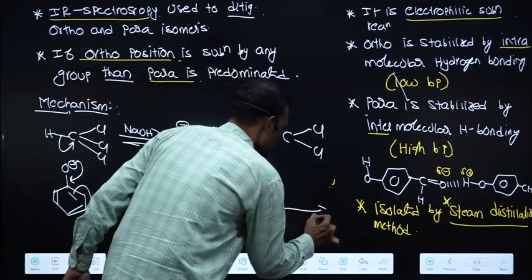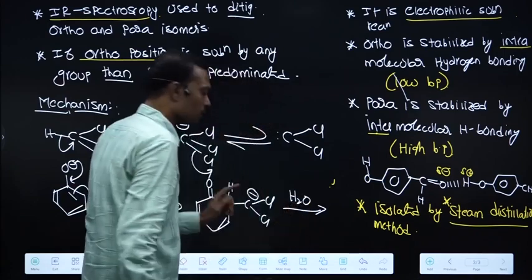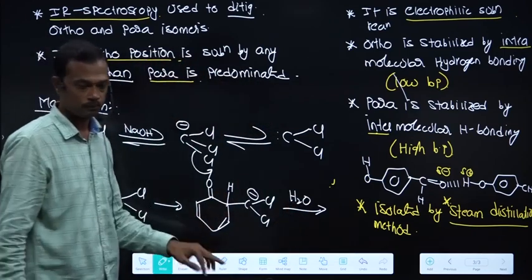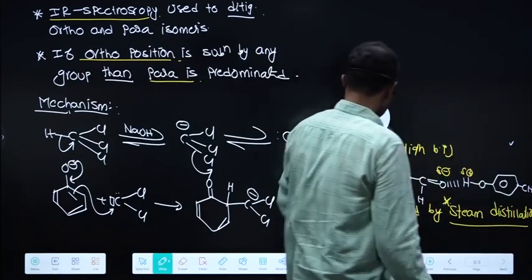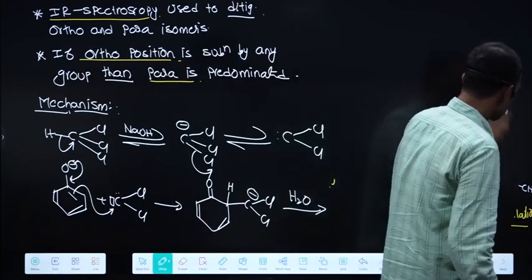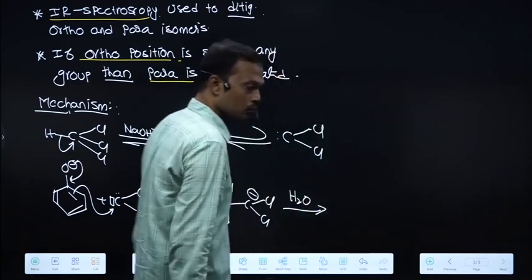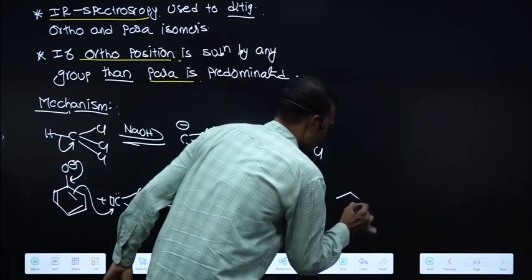The key step now is that this carbanion takes a proton from water. It is the solvent used in the Reimer-Tiemann reaction. That solvent is H2O. This will be added at this position.